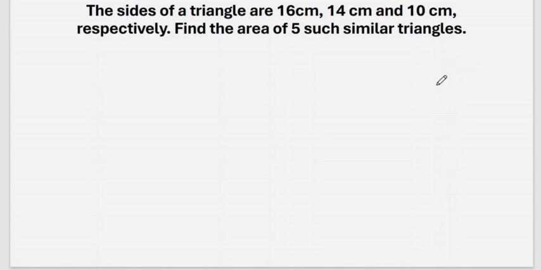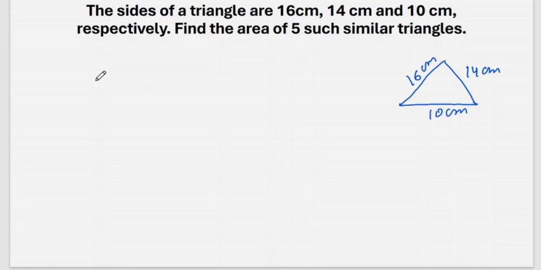Because we can see we have a triangle which all the three sides are of different length. So let me draw the rough sketch of triangle. This is your 16 centimeter, this is your 14 centimeter and this is your 10 centimeter. Okay. So we know how to find the area of a scalene triangle. We will use Heron's formula.